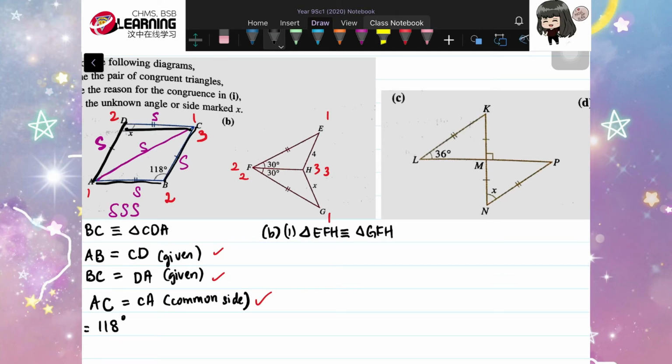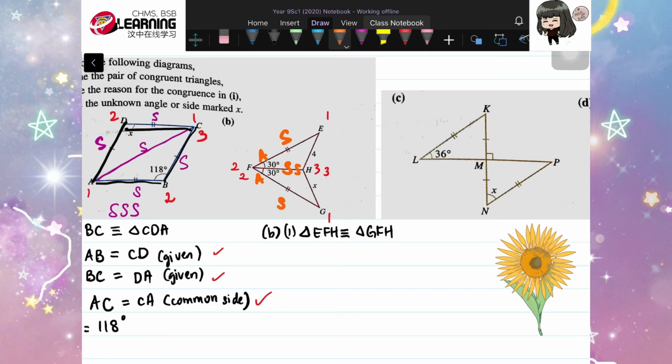Okay, and then we have to see which reason we need to write down. So this one is given side because double bar, and then we have both angles the same, 30 degree, and then we have a common side here, also side. So this one is side, angle, side. I'll write down the side first.